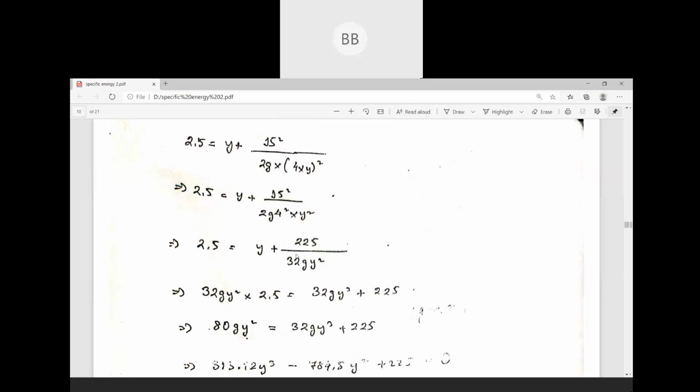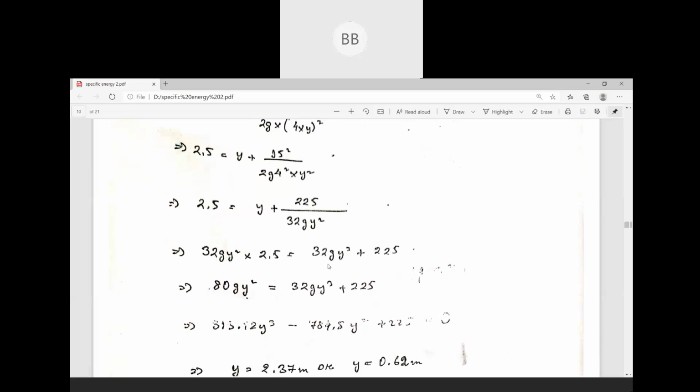If you break it down, you can take the LCM: 4 square is 16, times 2 is 32, and 15 square is 225.